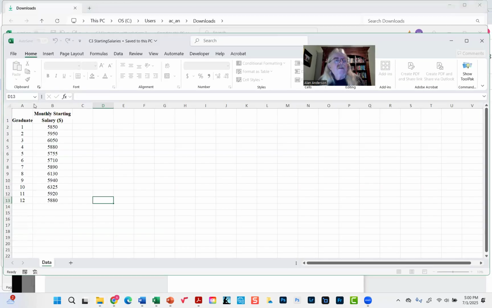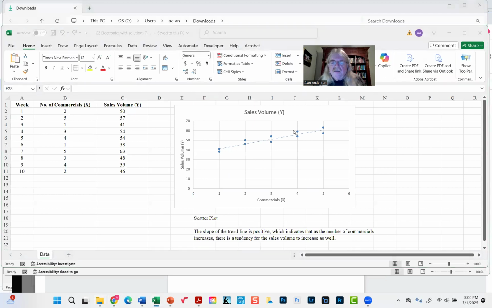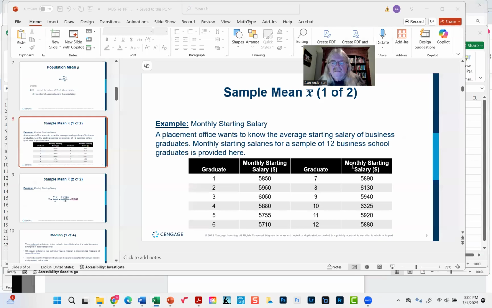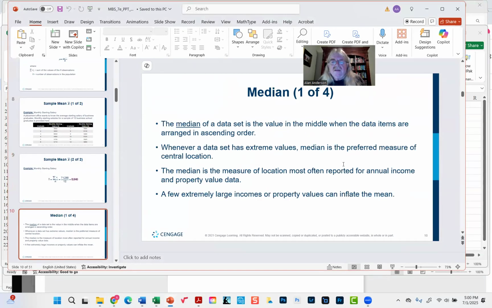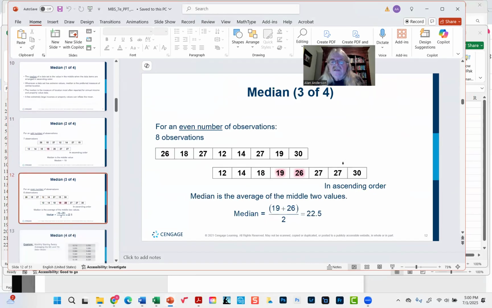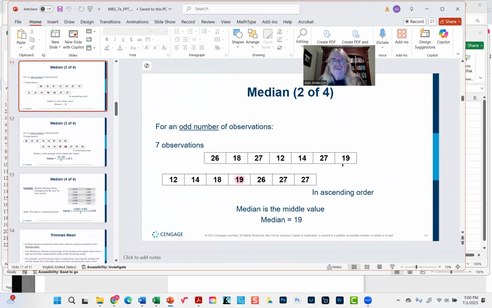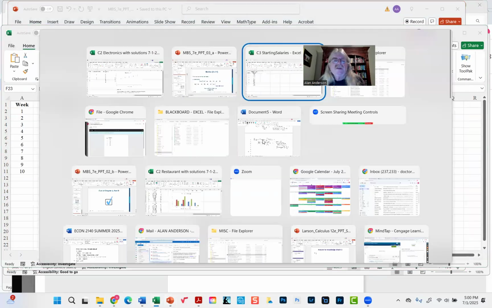What do we want to do with this information? All right, let's see. Oh, well, we'll start with the average. Okay, great. Let me show you how you do it in Excel.